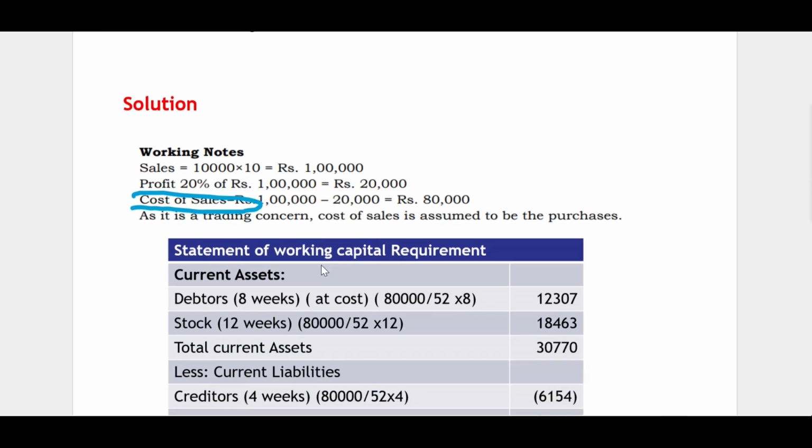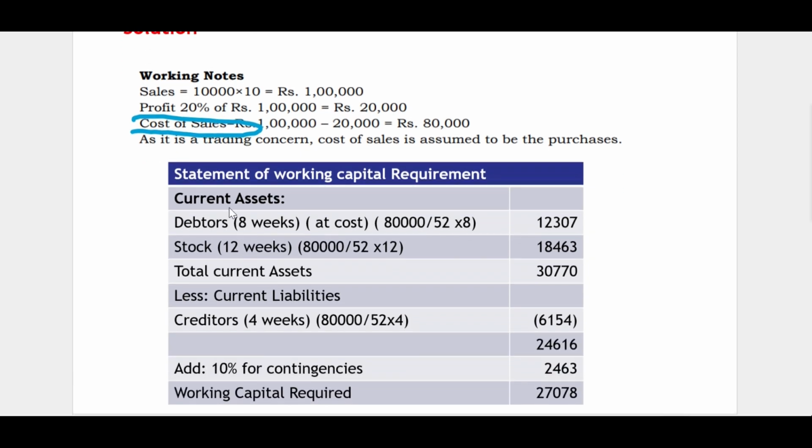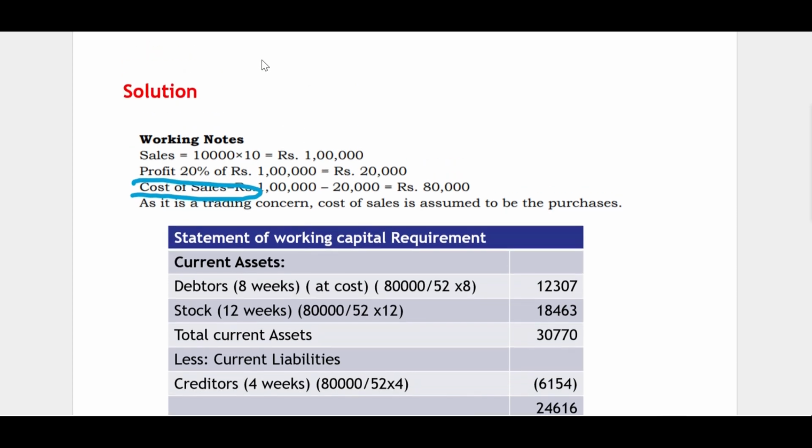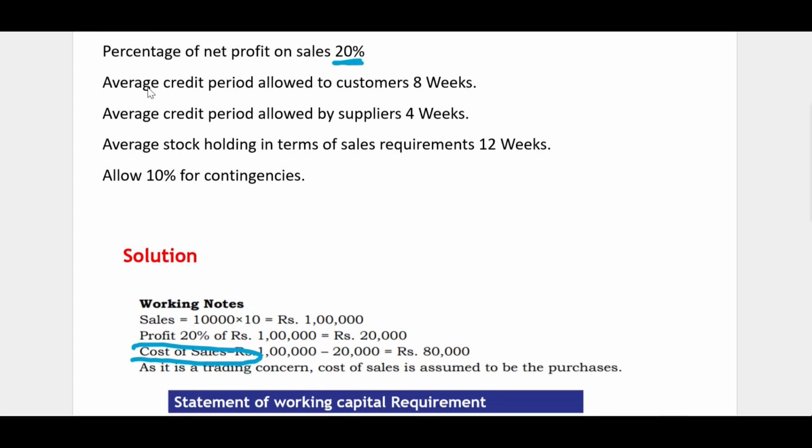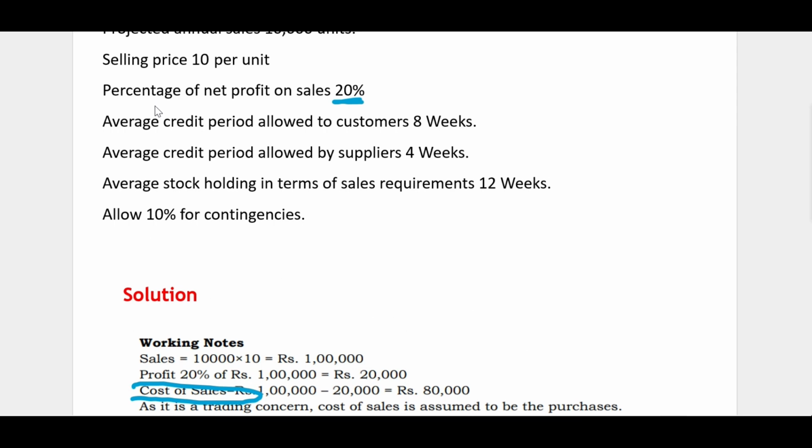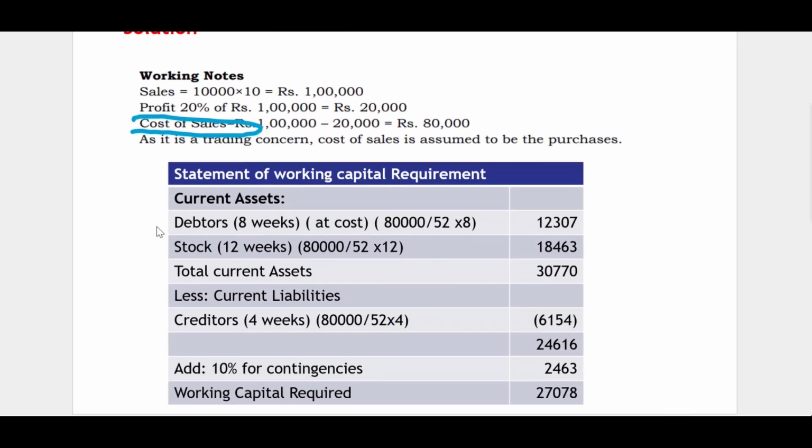Now we can prepare the statement of the working capital. The working capital, we should know, is equal to current assets minus the current liabilities. So we will classify the information that we had into two sides, current assets and current liabilities.